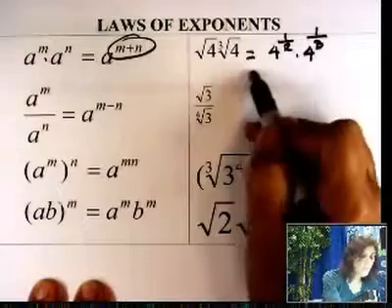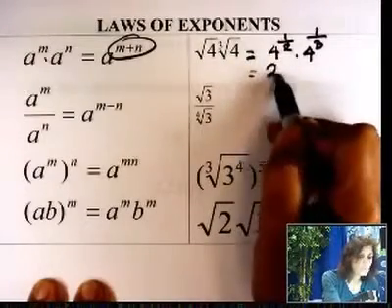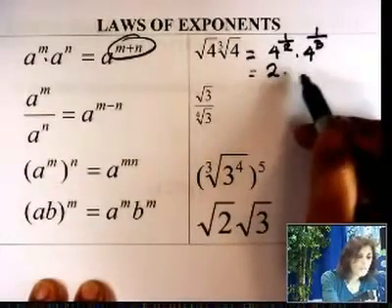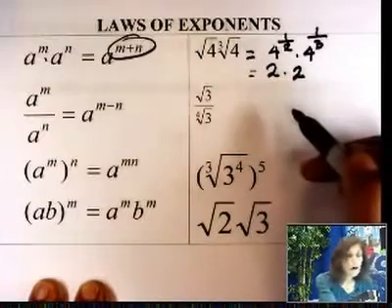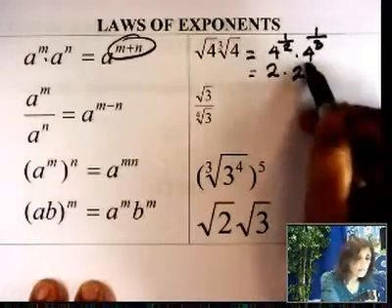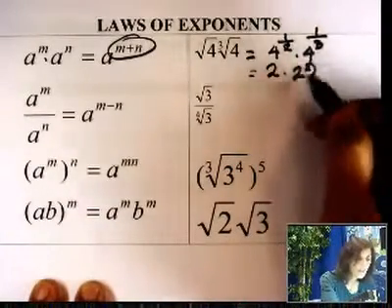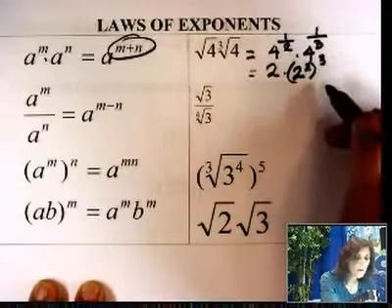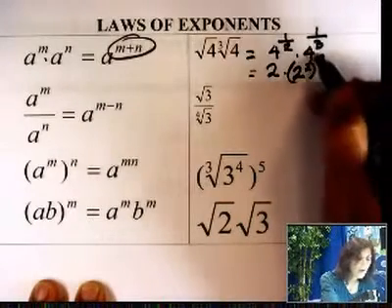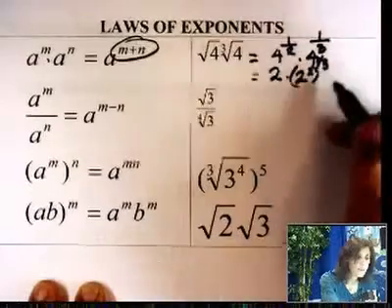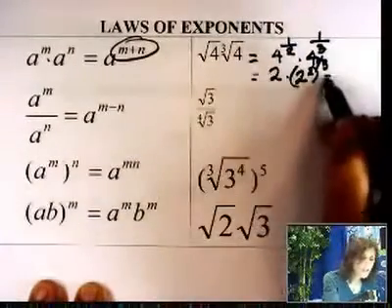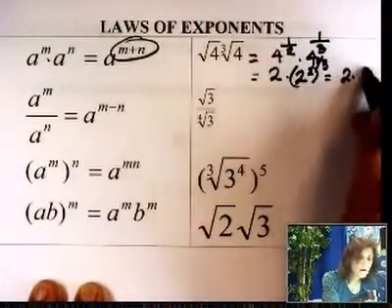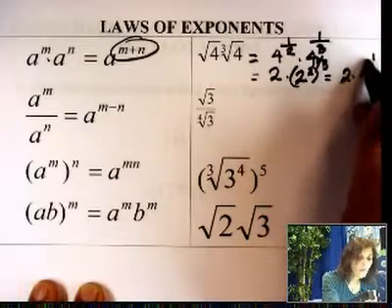Okay? So I know 4 to the 1/2, that's 2. 4 to the 1/3 is 2 squared to the 1/3 power, I'm sorry. So you can write that as 2 times 4 to the 1/3 power.